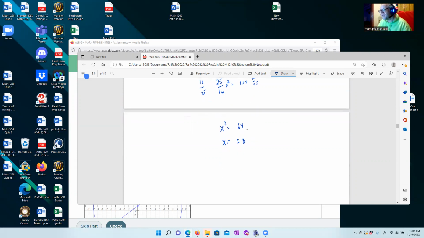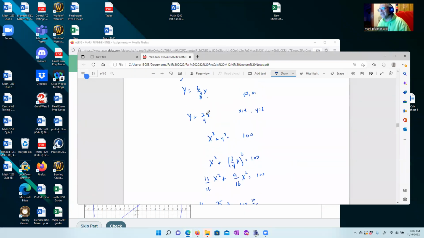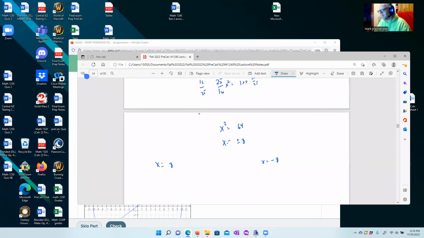Okay, we have two solutions. We have x equals 8 and x equals negative 8. Both of those have to go back into our original equation. So again, I'll pick the nice one, y equals 3/4 x. What if x is 8? Then y is equal to 3/4 times 8, so y is going to be 6, because the 8's are going to cancel.